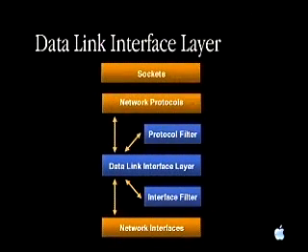And added to this, if I go back to the previous scheme here, in between those we've got two types of filters. Between the network protocols, we've got the protocol filters that register with DLIL and say, I want the IP packets for interface EN0, your built-in Ethernet. And you also have interface filters that register with DLIL and are lower level.